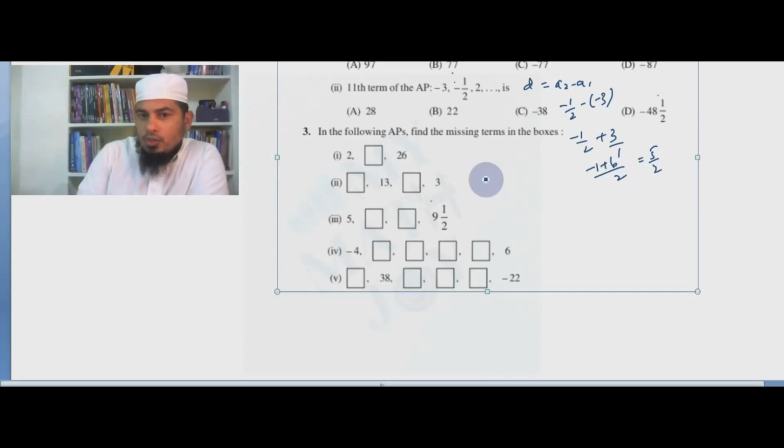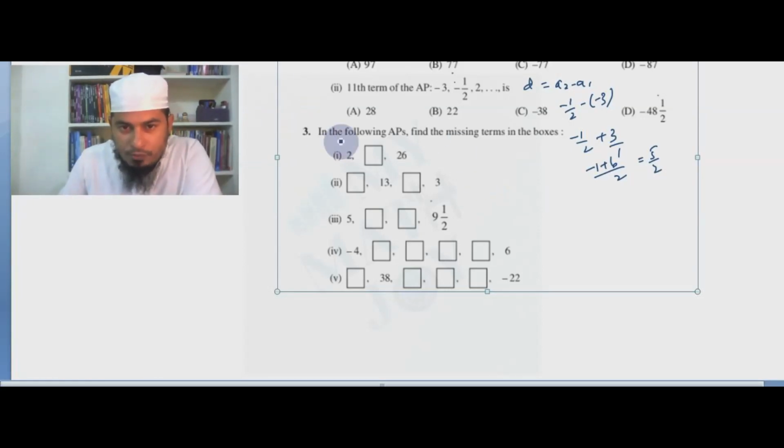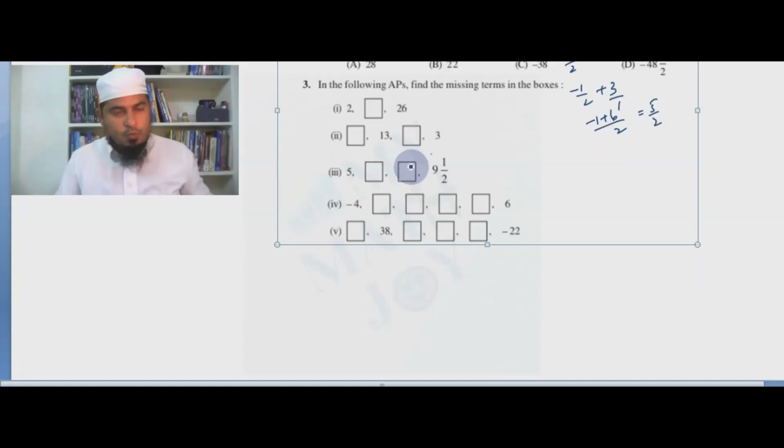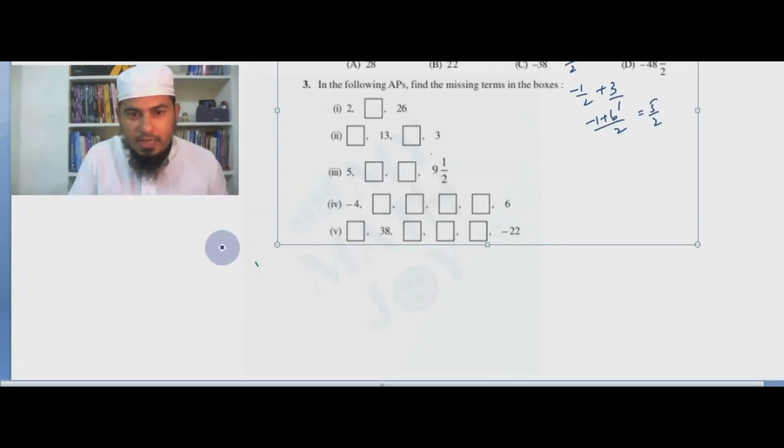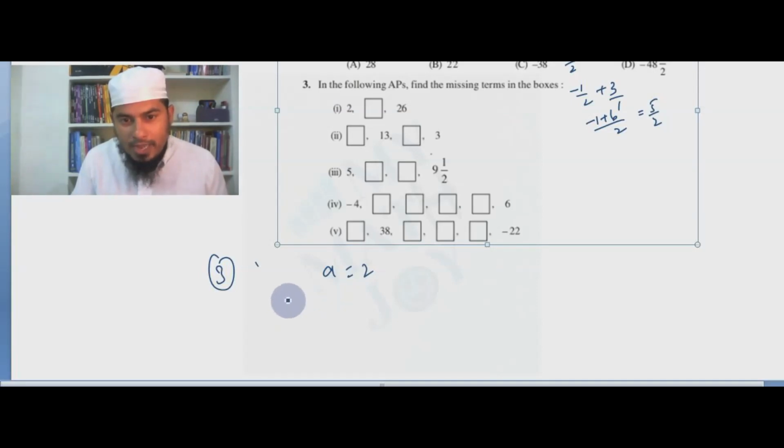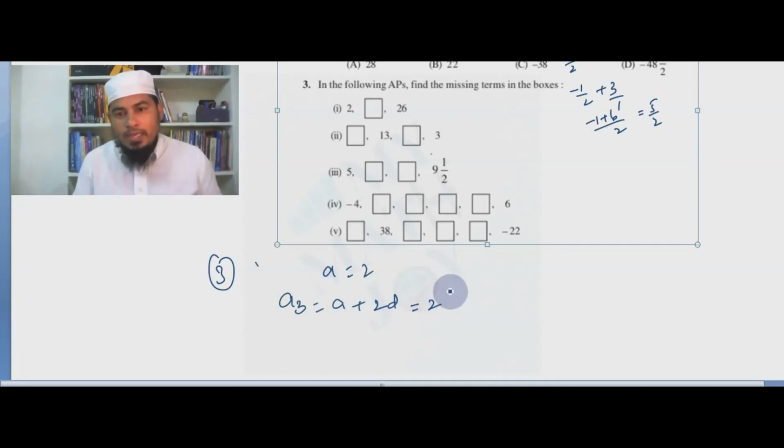Okay, so let's move on to the first bit of the third question. What does it tell me? The third question tells that the first term a is 2, and there is a first term, second term, third term. The third term is given. Whenever I get the third term, I write it expanded, a3 equals a plus 2d, given as 26.